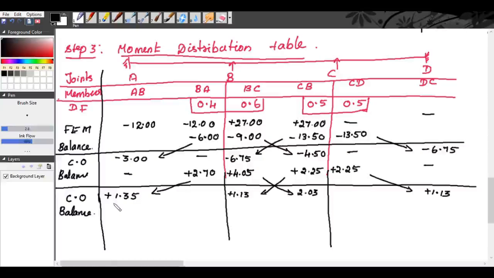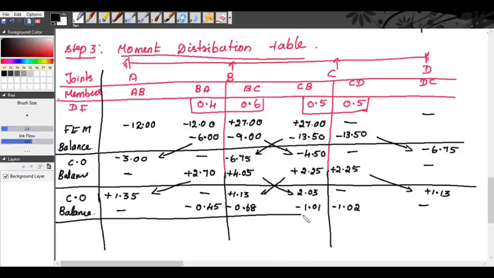Now we will balance. Plus 1.13 multiplied by 0.4. I will give you the values. You know how to balance, right? We get minus 0.45. You balance it in the same manner. We get 0.68. We have done a lot of problems. So minus 1.01, minus 1.02.